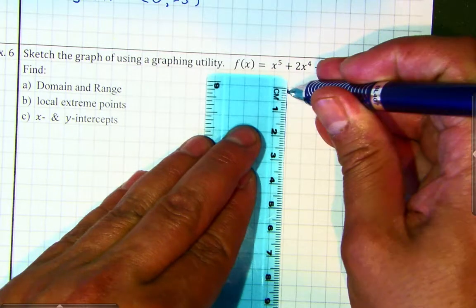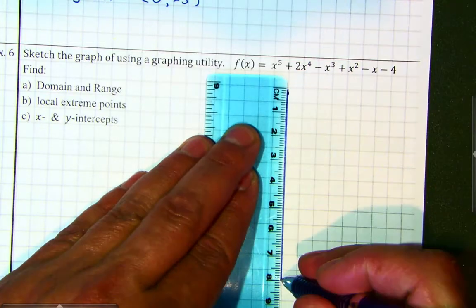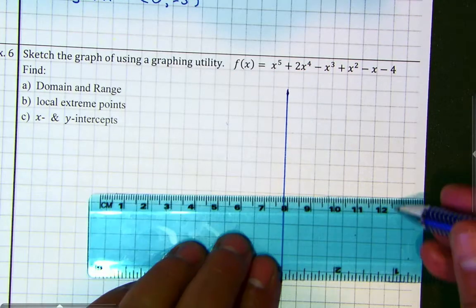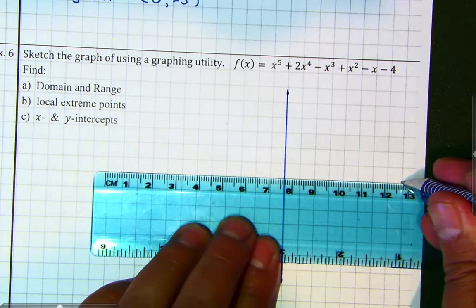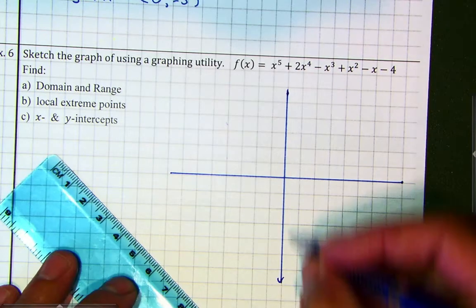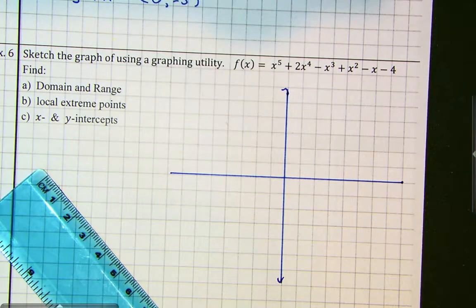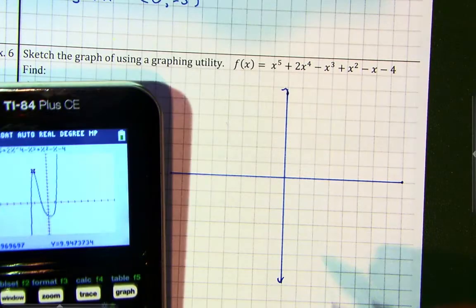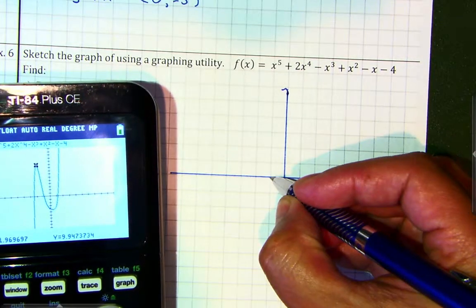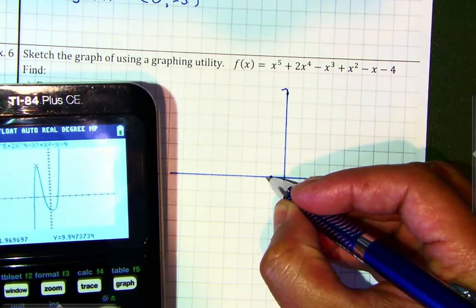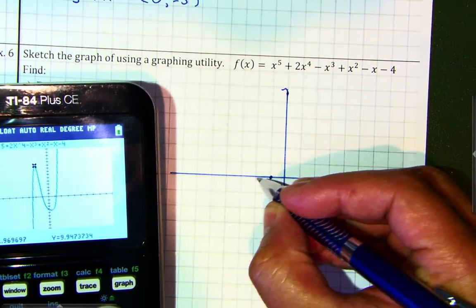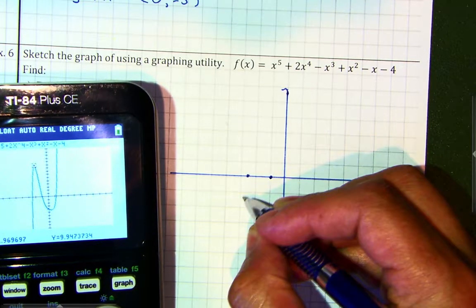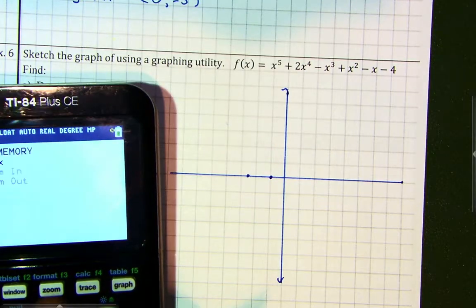We're going to continue using the graphing calculator. So therefore, I know that one of my zeros looks to be here. The other one is around 2.5. Then let me zoom standard.